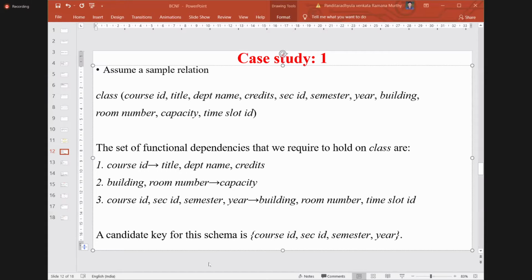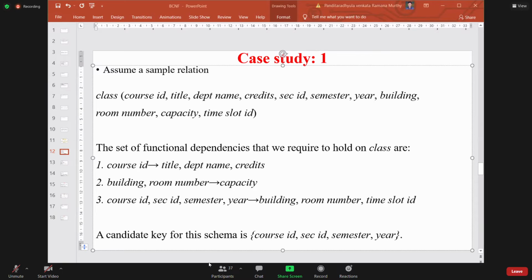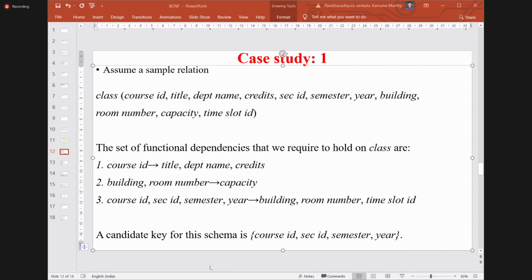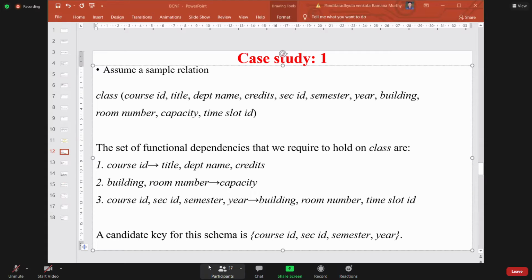If somebody says the course ID 05, immediately somebody can tell what the title of the course is, what the department name is, and how many credits are attached with the course ID. Those are related.